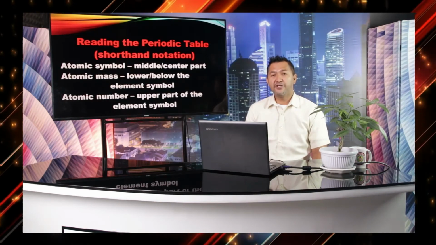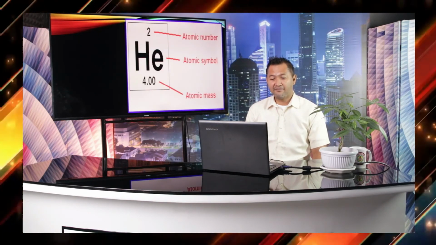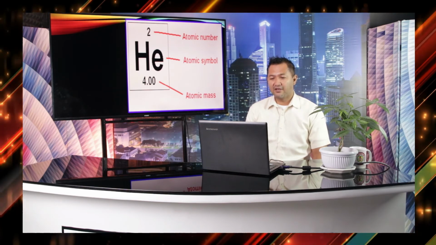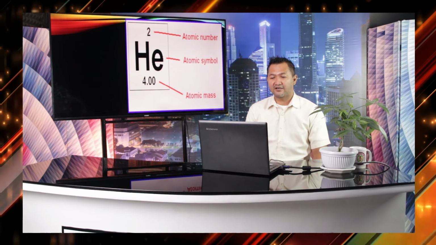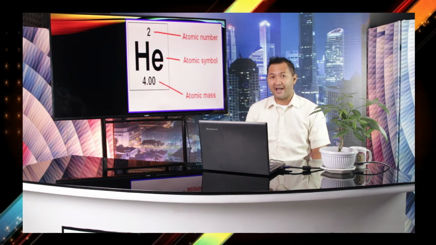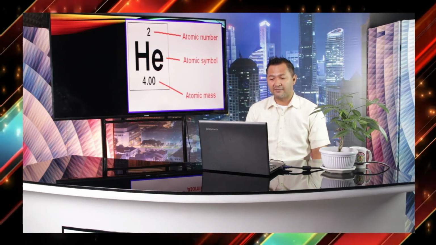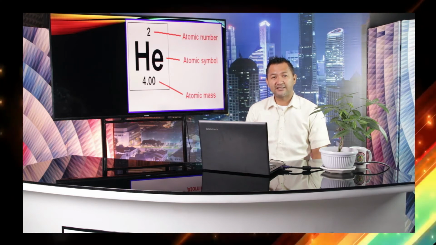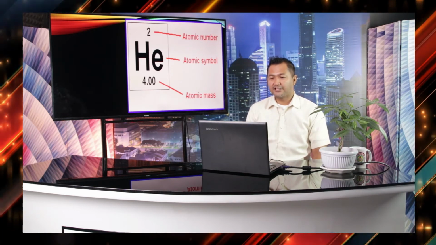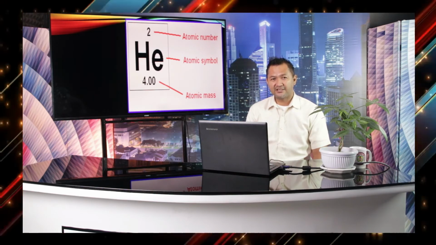In reading the periodic table in shorthand notation, for example, the element helium: the atomic symbol is found in the center or middle part, while the atomic mass is found below the element symbol, and the atomic mass is 4, while the atomic number is found in the upper part of the element symbol, which is 2.